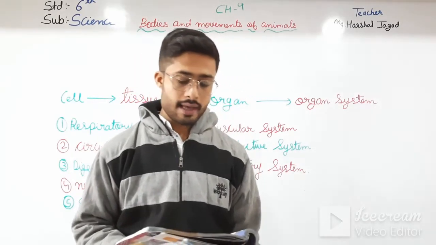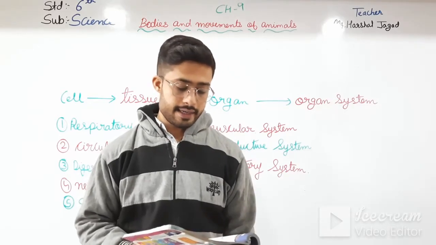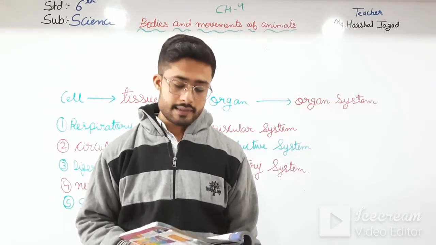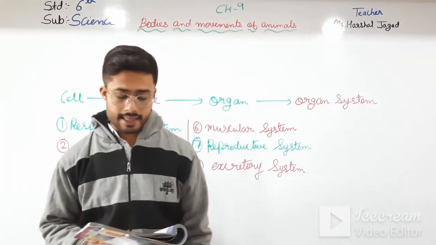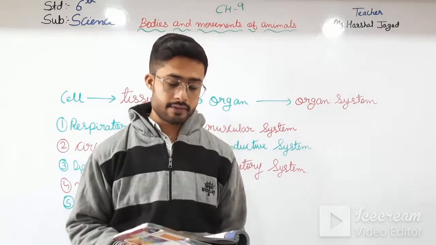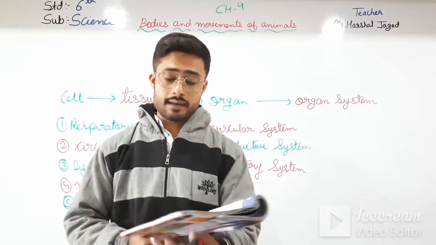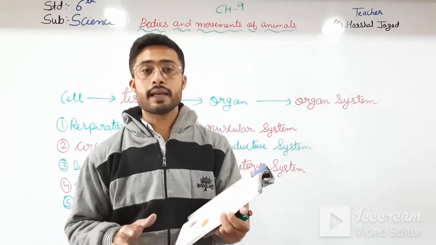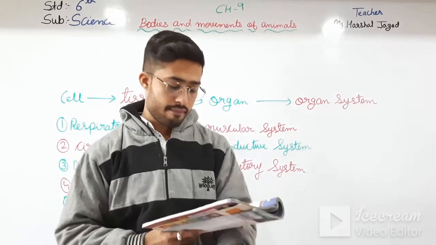The earthworm has a long tube-like body which is divided into several parts called segments. Its body has several tiny hair-like structures called bristles to grip the surface while moving. See here, the bristles are there, the hairy-like structure, so that they can grip their body and move forward or backward.